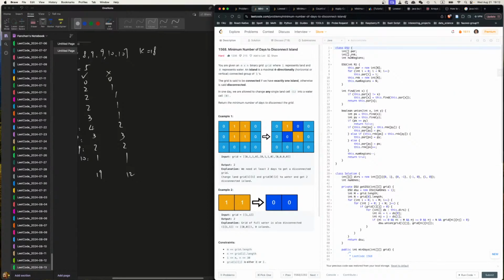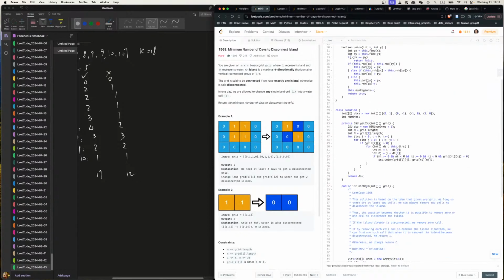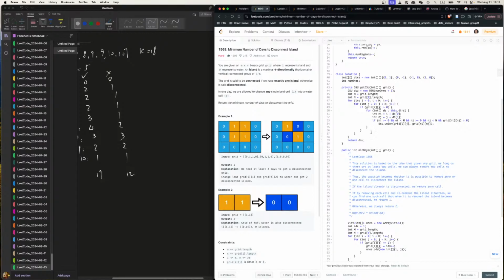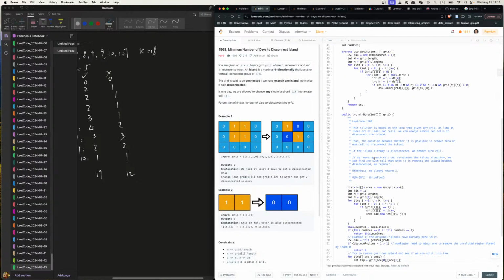So we have a DSU, right? And we have get DSU. We go through the whole thing and get a DSU, return DSU, and the array we get, everybody.